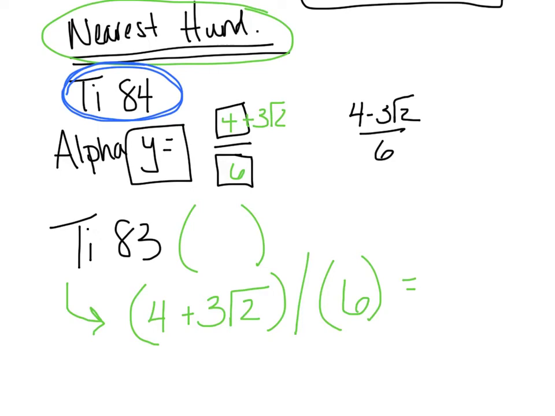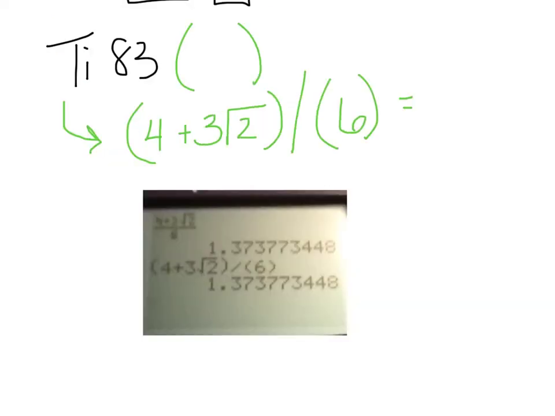Yours is just a lot uglier because you don't have that fraction tool and it's just not possible to update. The calculator's just too old. So what I've done is I've took a screen capture of my calculator, and you can see if you have the updated version, that's what it should look like. If you have the old TI-83, you're going to have to use a lot of parentheses and be careful, but either way we're getting the same answer. Now you'll obviously have to do it twice because you'll have to do the 4 plus, and then you'll have to do the 4 minus 3 radical 2 over 6.